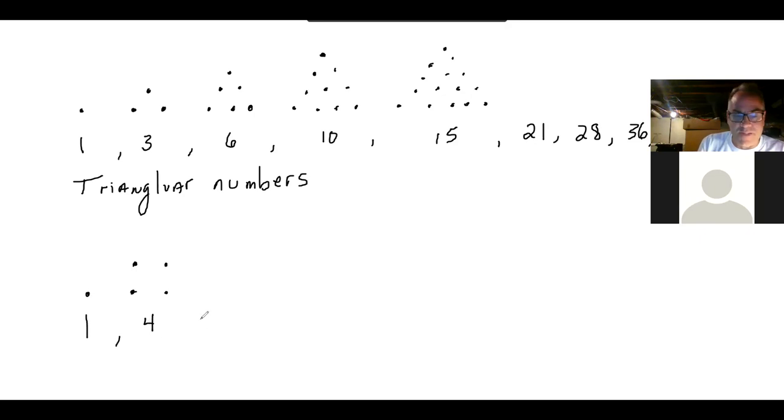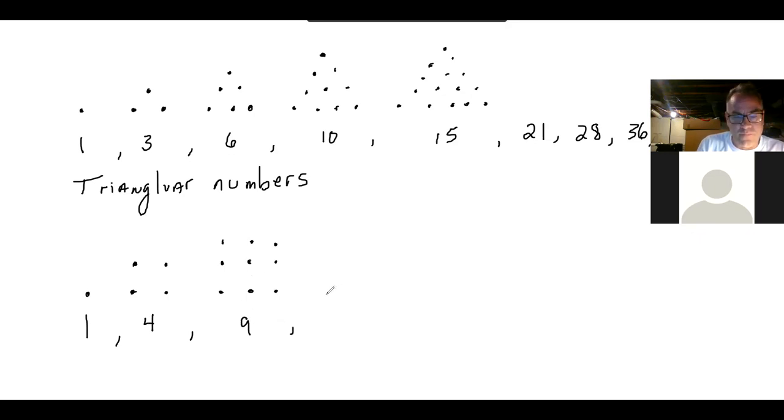And then I would play that same game. I would take my original square and say to myself, how many dots do I need to add to that to form yet a bigger square? And I would need 1, 2, 3, 4, 5. And that gives me a total of 9 dots.